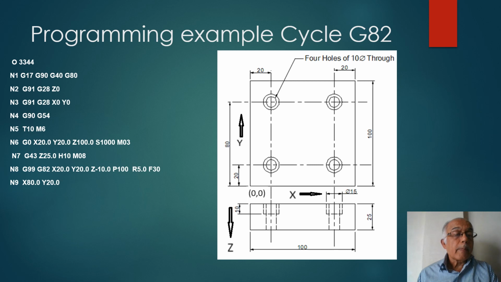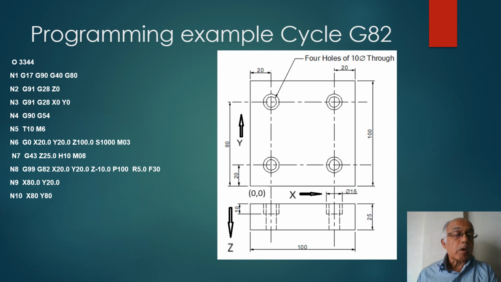Now in block number 9, we have not repeated all the parameters of cycle 82, because once we have defined the parameters of any canned cycle, in the next block we need not give all parameters, we only give the center point coordinates of the next hole.